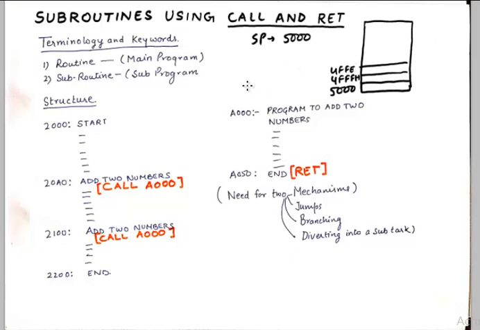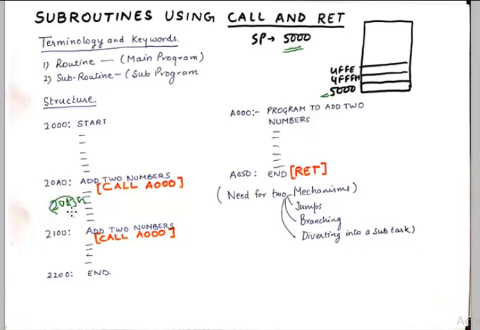Now, here I've taken up an example that whenever the call instruction is executed, let us say my stack pointer was pointing to 5000. So 5000 was the top of my stack. We need to go to A000, which is specified in the instruction itself, but the main task is to store 20A3H, where we wish to come back.